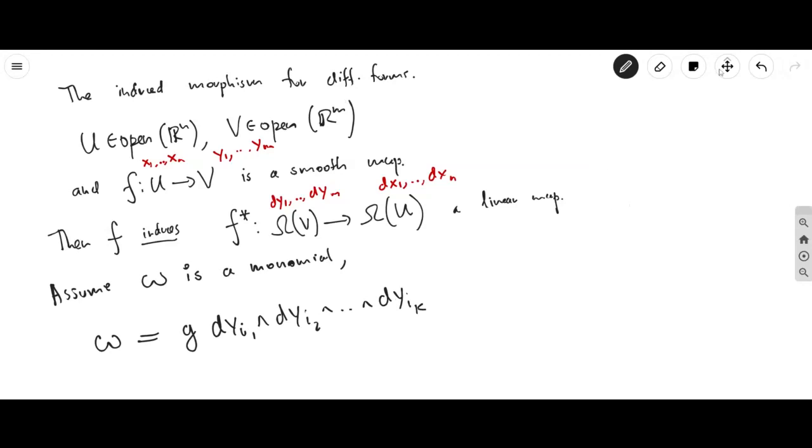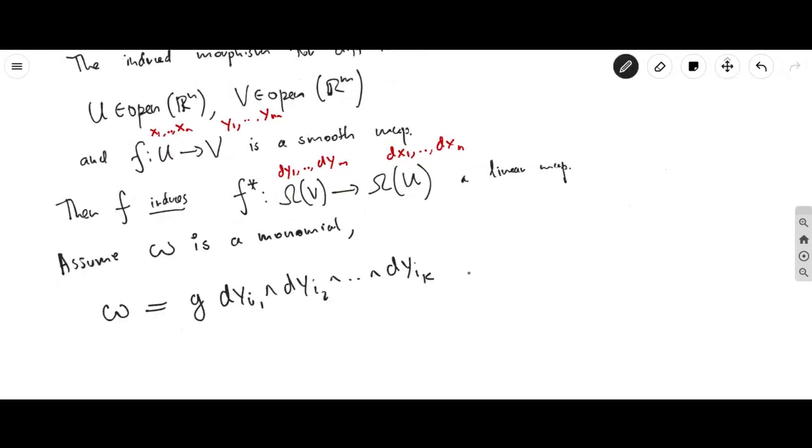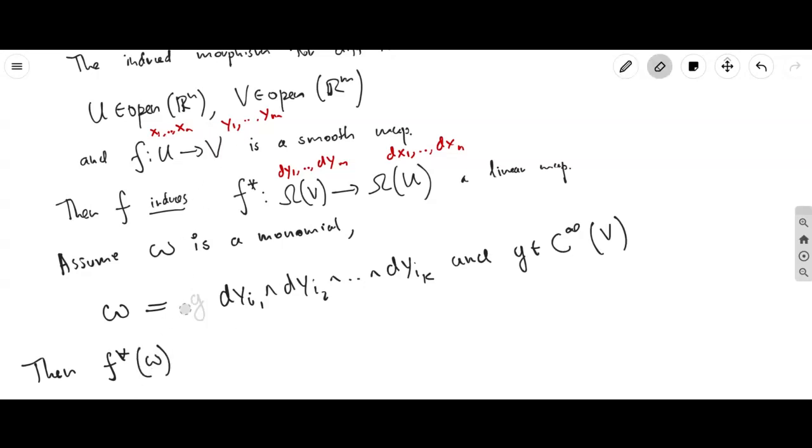So let's say it's a k-form, and g is a smooth function defined on V. Then we sometimes call this the pullback of omega because it goes backwards. Omega is defined on this one, but f star of omega pulls it back, and it's now a differential form defined in that one.